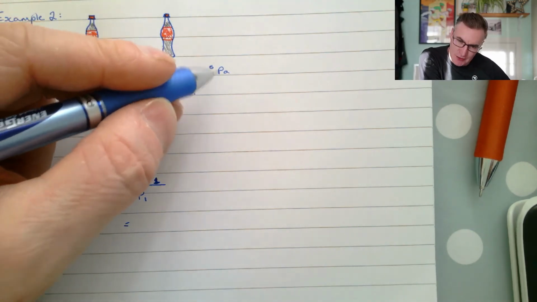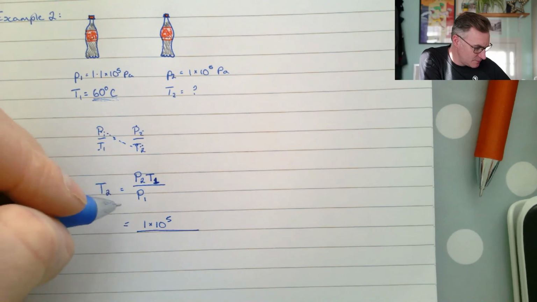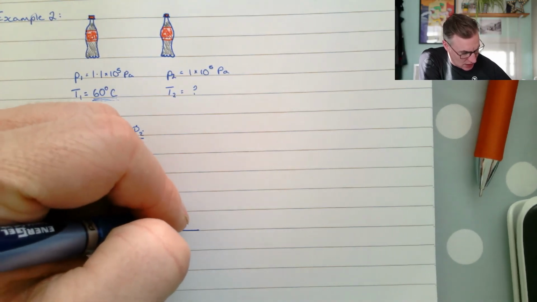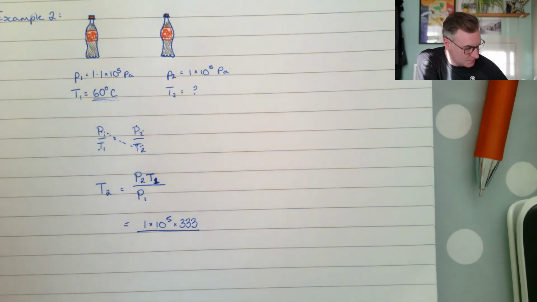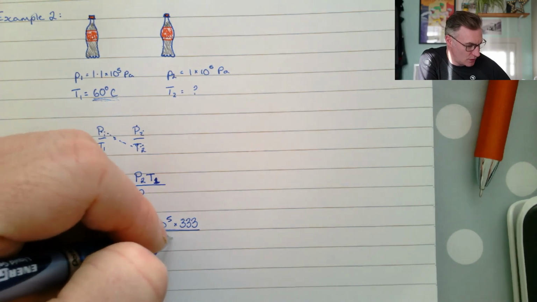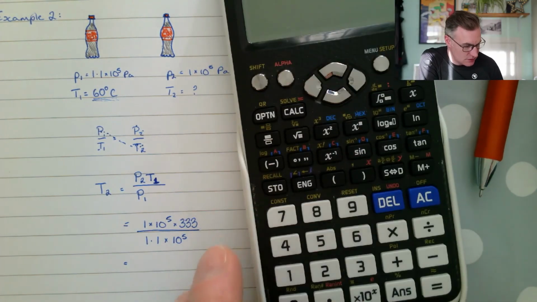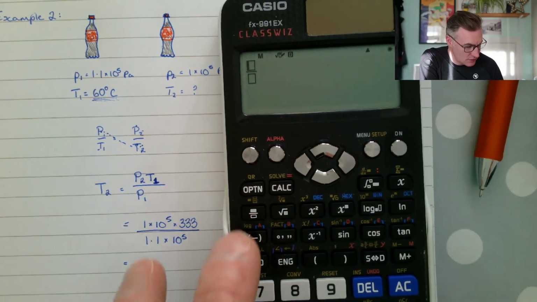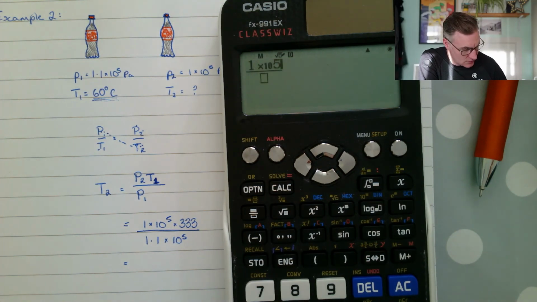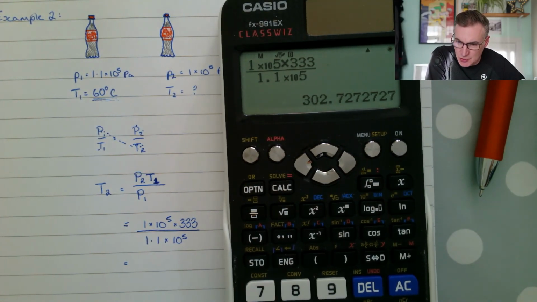So we have P2, 1 times 10 to the 5, times T1, so times 333, and then divided by P1, which is 1.1 times 10 to the power of 5. And that's going to give us 302.7.